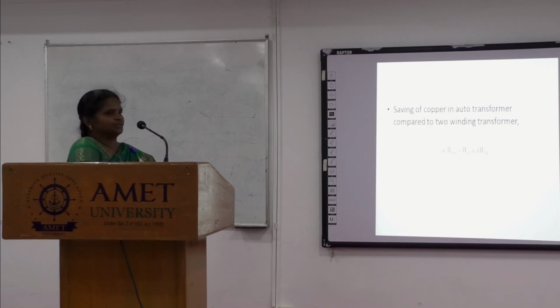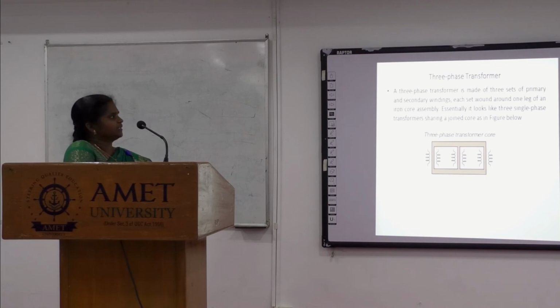So definitely there will be a saving of copper in the auto transformer when compared to the two-winding transformer. It can be shown as weight of the two-winding transformer minus weight of the auto transformer equal to K times the two-winding transformer weight. K is nothing but the transformation ratio, the turns ratio of the transformer.